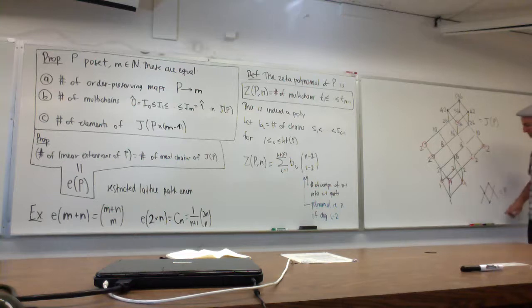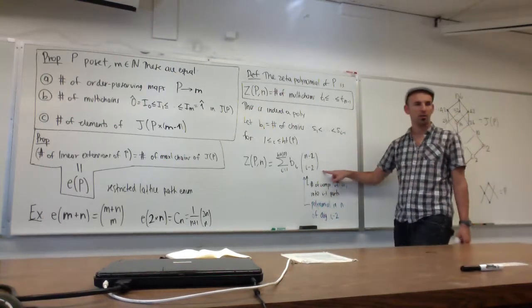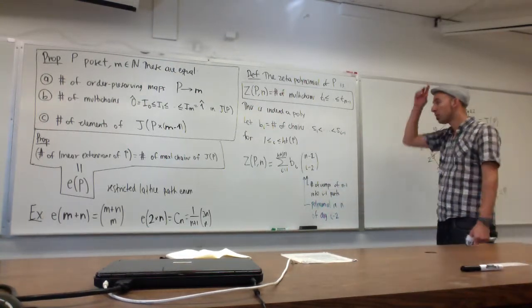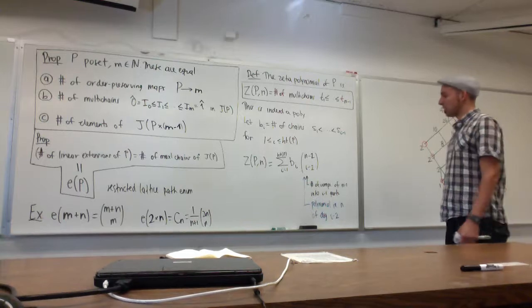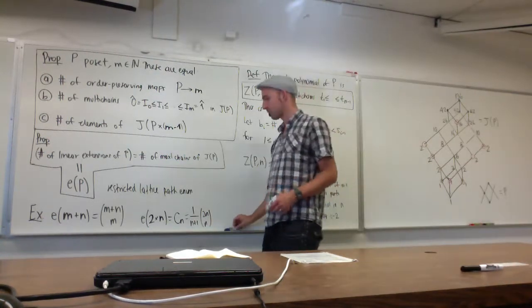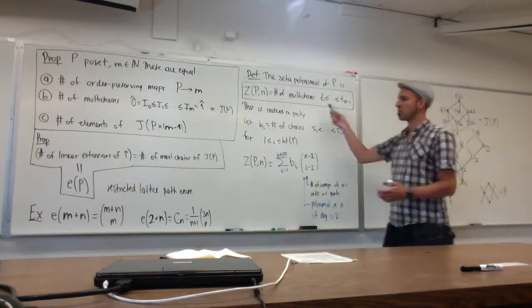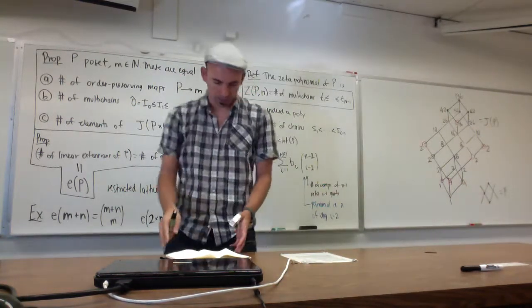And a multichain is to say go here, then you stay there, then you stay there, then you go up, then you stay there, then you go up, then you stay there, then you stay there. Just a chain where you are allowed to repeat things, and that's why I get this extra factor. But this shows that this is a polynomial. And of course, it's a polynomial related to this stuff.